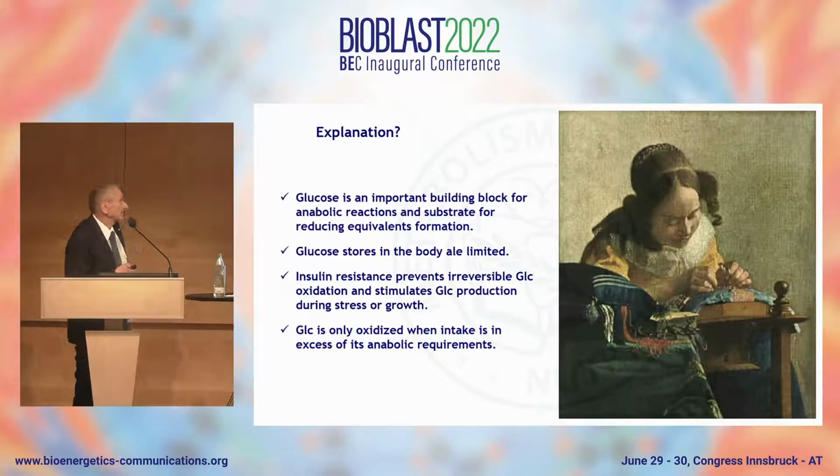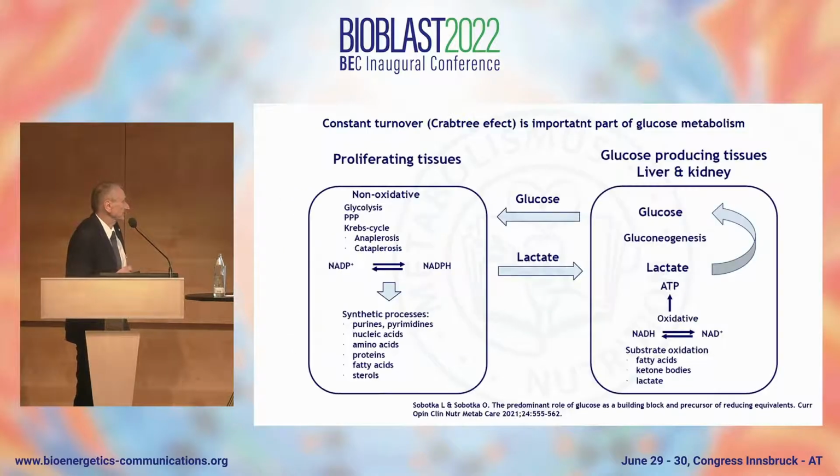Do we have any explanation? We can explain that glucose is an important building block, and we have a very small amount of glucose or carbohydrates in our body, which means that we must have insulin resistance whenever the glucose amount is low, for non-energetic purposes.